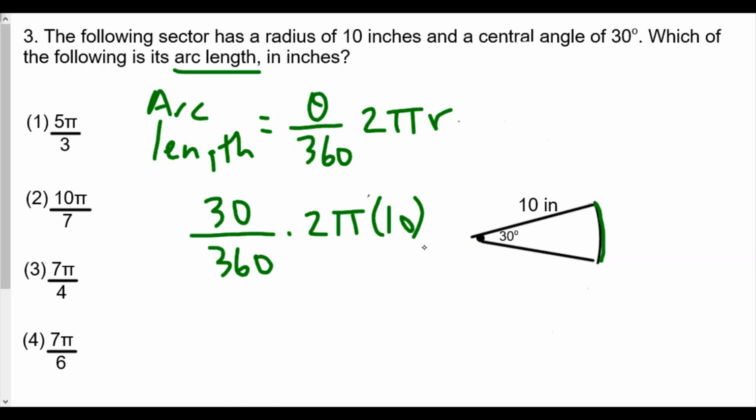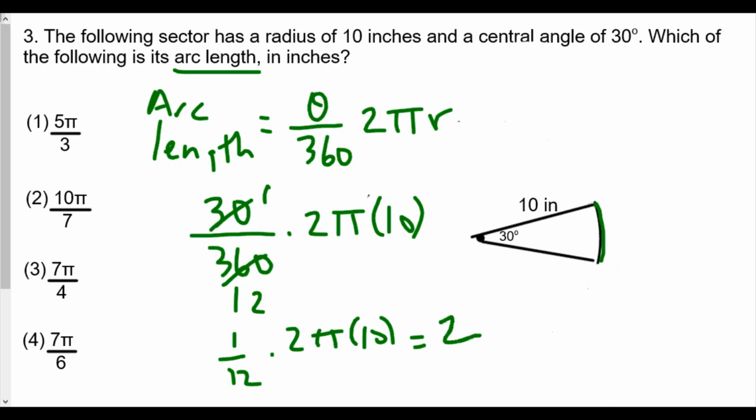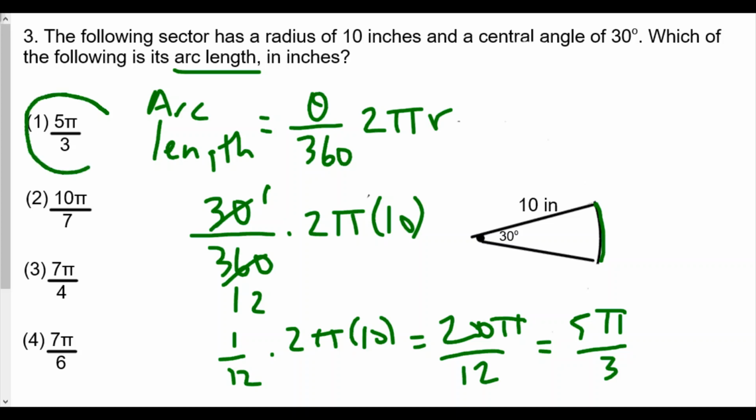Well, 30 over 360 becomes 1/12, because 30 goes into 360 12 times. So now we have 1/12 times 2 times pi times 10, or 20 pi over 12, which we can simplify by dividing both by 4. If you divide top and bottom by 4, you get 5 pi over 3. And so 5 pi over 3 inches would be choice 1.